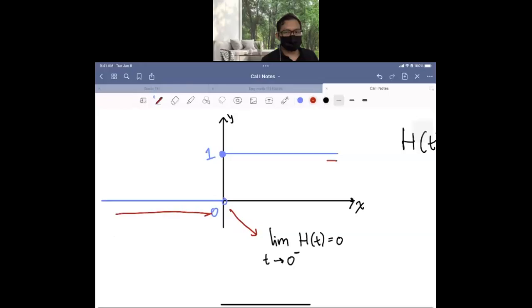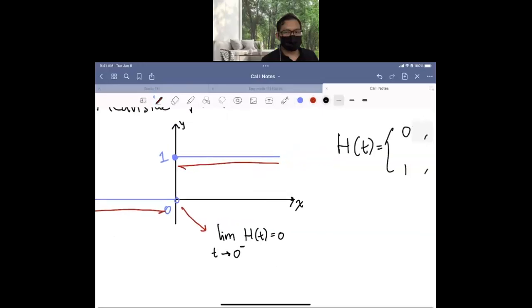And then another limit is from the right, from there. So this is the limit as t approaches 0 from the right, and this will be equal to 1. So we call this a one-side limit. This is an example of a one-side limit.